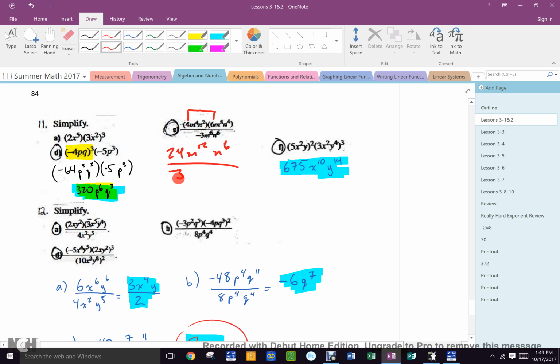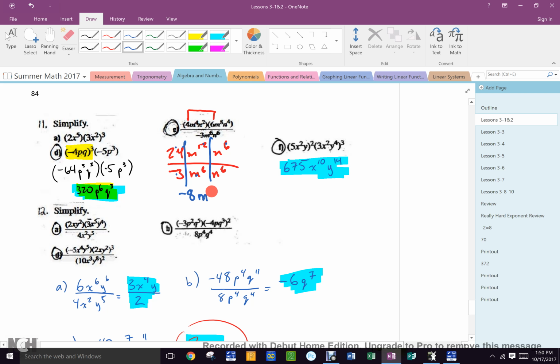Over negative 3, M6, N6, yes? Now, numbers with numbers. What's 24 divided by negative 3? Negative 8. M12 and M6. 12 minus 6 is M to the 6th. N6 over N6? 0 exponent, which is 1, so it's gone. Negative 8 M to the 6th. That's what's left.